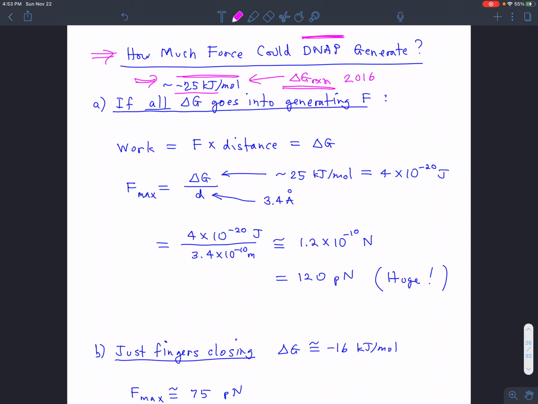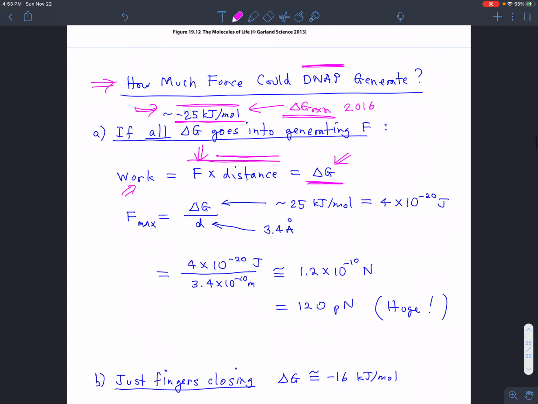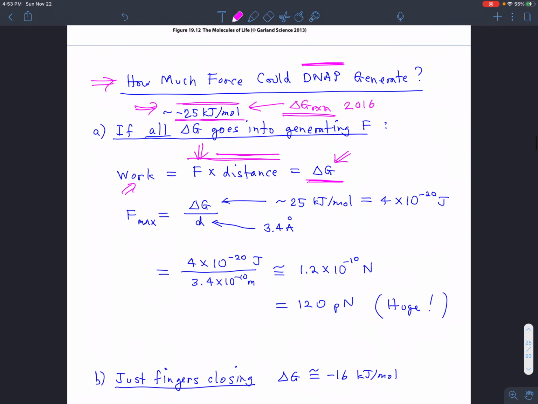And so let's say that's the number. Then that is the amount of energy, the delta G, that can be put in to the process of doing work by the enzyme, by the polymerase. The force that the polymerase generates times the distance through which the polymerase moves has to equal the total amount of delta G that's put into that step.